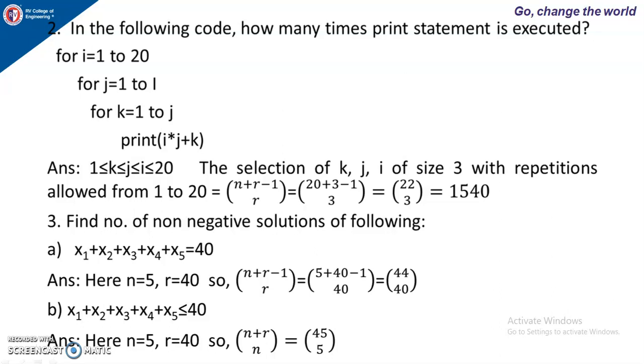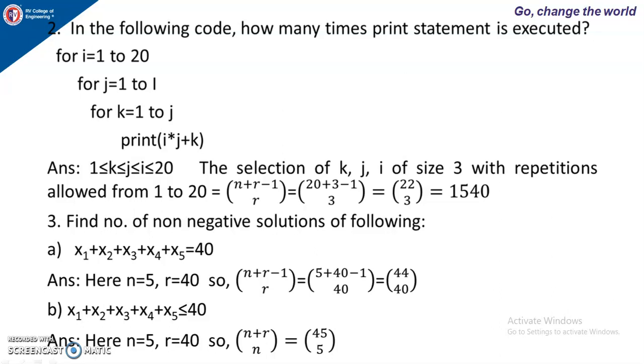The selection of k, j, i of size 3 with repetitions allowed from 1 to 20 is n plus r minus 1 choose r, where n is equal to 20 and r is equal to 3, which is equal to 22 choose 3, which is equal to 1540 ways.